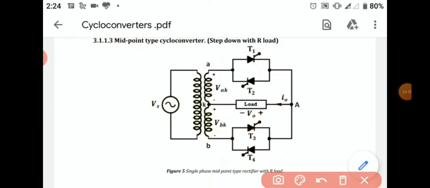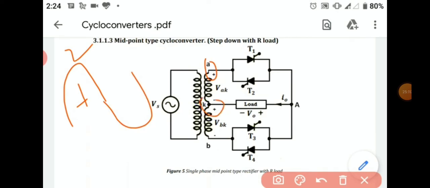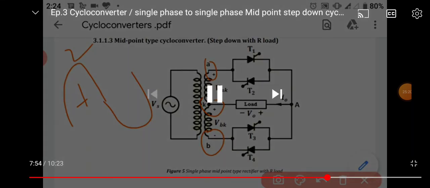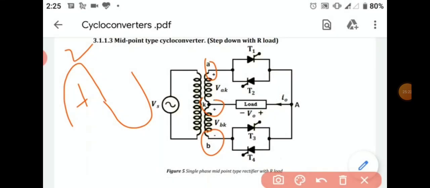During the next positive half cycle, again the terminal A will be positive, K will be like this, and B will be at negative potential. Due to this, the thyristor T4 will be forward biased as it is connected in the opposite direction.